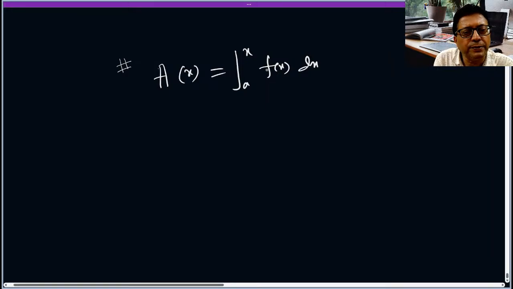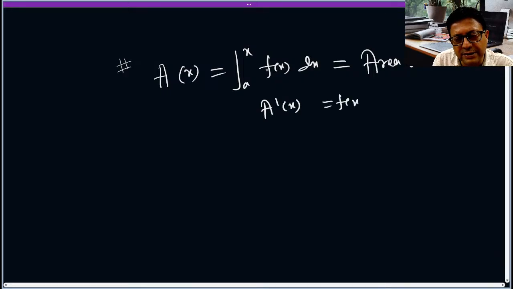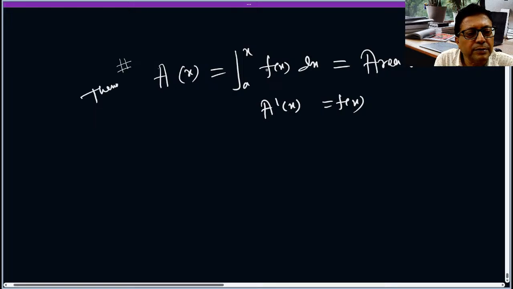This is known as the area function. Derivative of the area function is f(x). This is theorem 1: if A(x) equals this, then A dash x equals f(x).